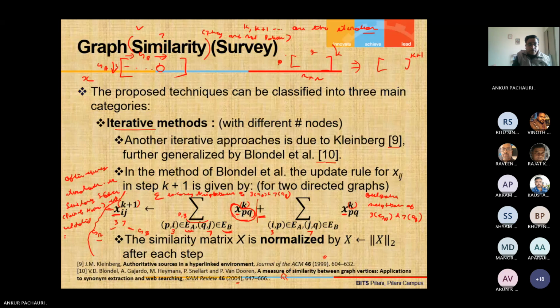What is the criteria for updating the similarity score? Based on, please help me to write this word. Based on what? Similarity scores, their similarity scores in the previous iteration.